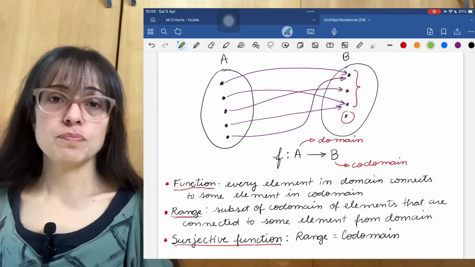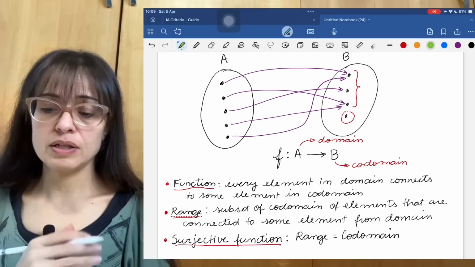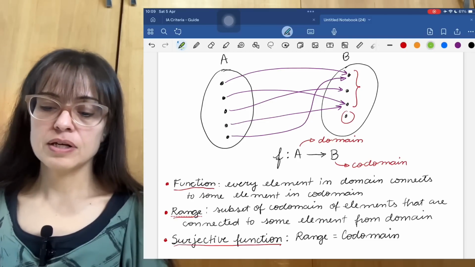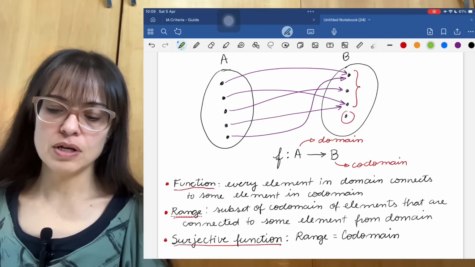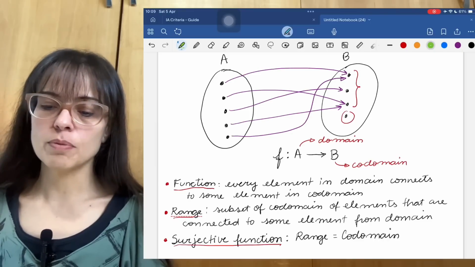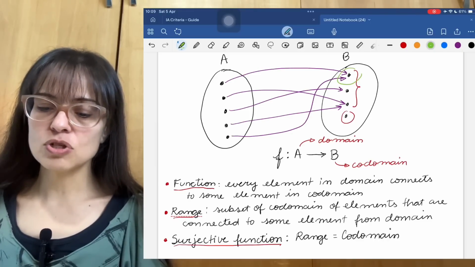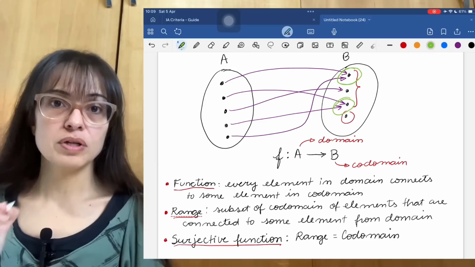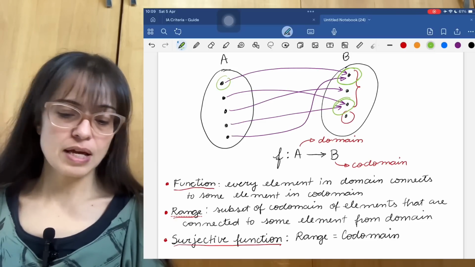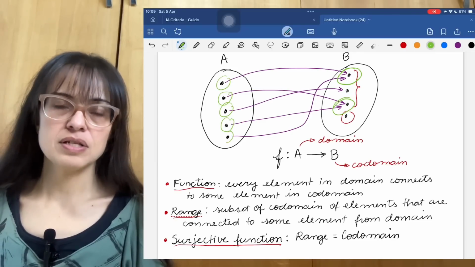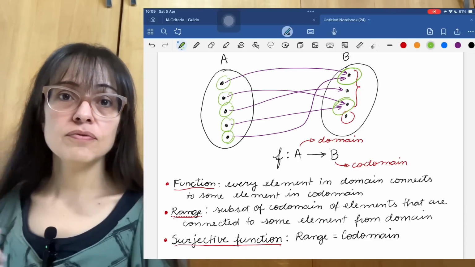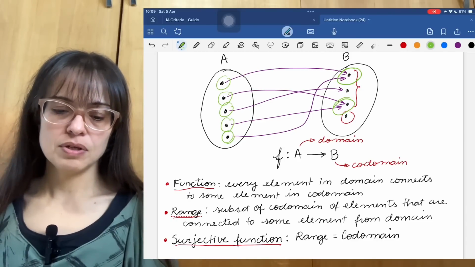And there is something else in the picture that's also different between the way A and B look, because some elements of B are not receiving anybody like we were talking about, but also some elements of B are receiving more than one arrow. And this doesn't happen in A. Each element only has one arrow. And in fact, I should have written this down in the definition.